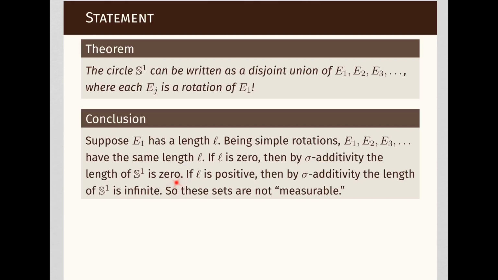And we know that's not true. The length of the circle is 2 pi. On the other hand, if L is positive, then by sigma additivity, the length of the circle will be infinite. And we know it's not infinite either. So what can we conclude? The assumption was incorrect. We cannot assign a length to this set E1. So these sets are not measurable. We cannot measure them and assign a length to them in a proper way.